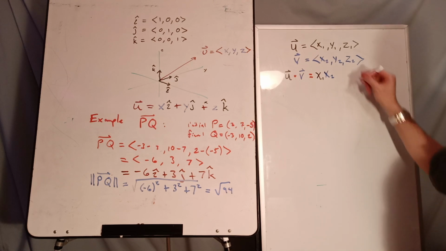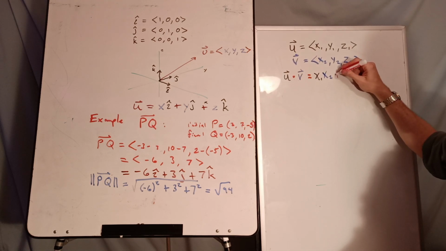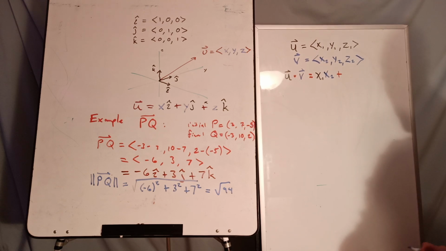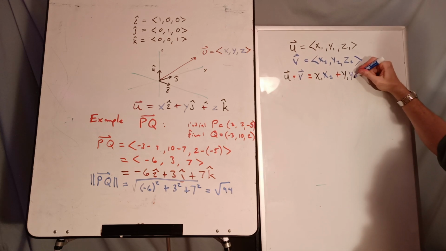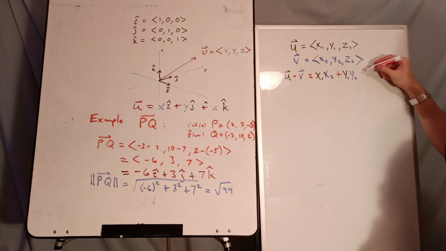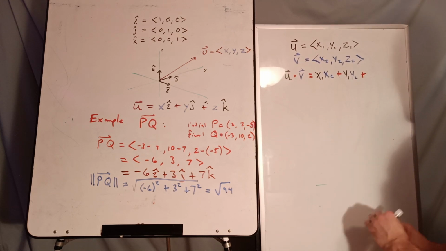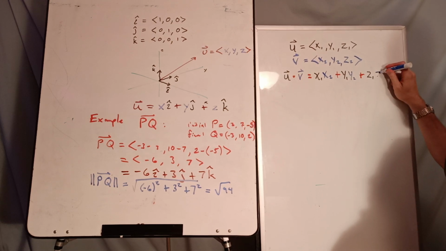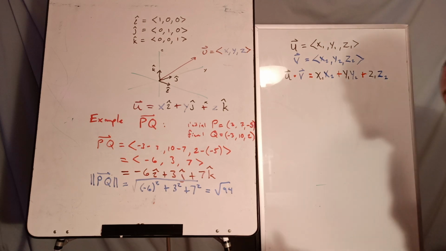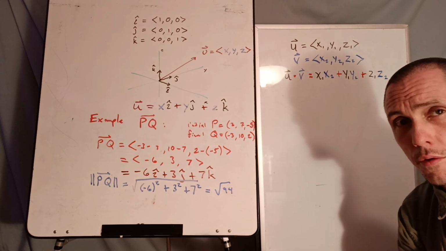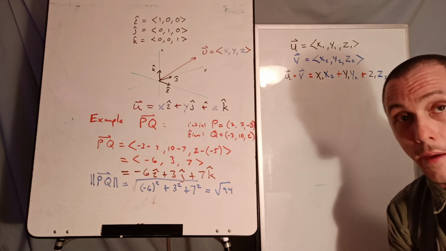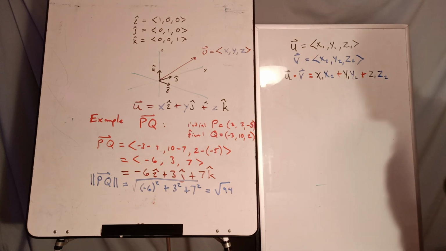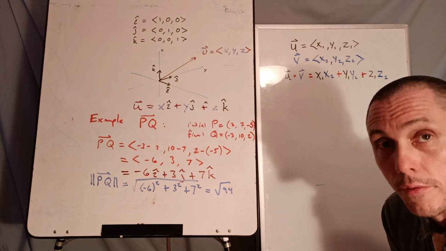And then we sum them. So then y1 times y2 added to z1 times z2, and we're done here. So the main idea is that you can see how this is a generalization from the R2 definition. And in fact, the dot product easily extends to n dimensions, right? You could take an n-dimensional dot product, you just do the same thing. You just multiply the components together and sum them.